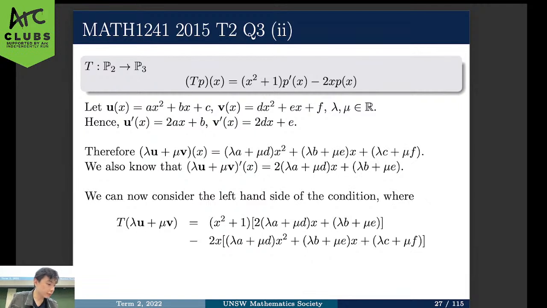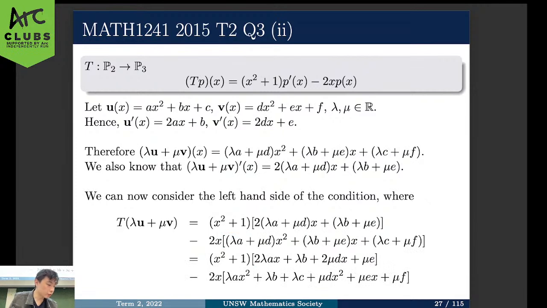So now we actually put it into the transformation. We have the derivative right here times x squared plus 1, and then the actual polynomial right here times minus 2x. What we can do is first expand these brackets, and then group it up in terms of lambda terms and mu terms.